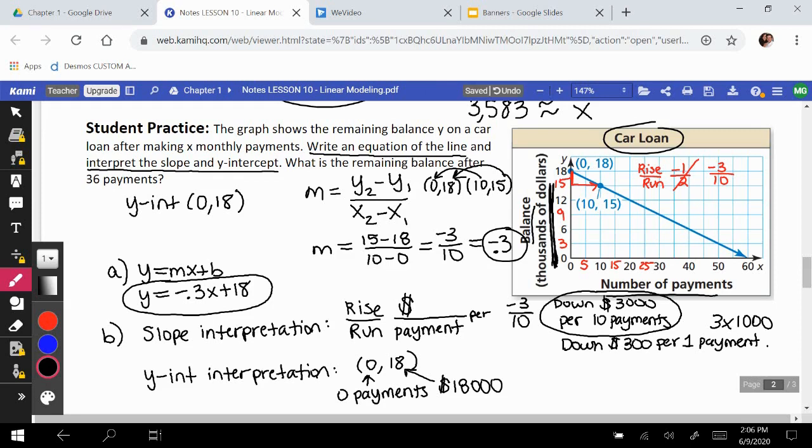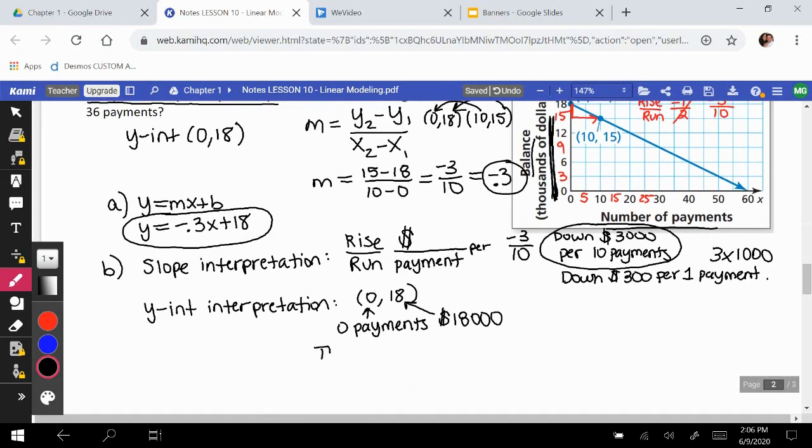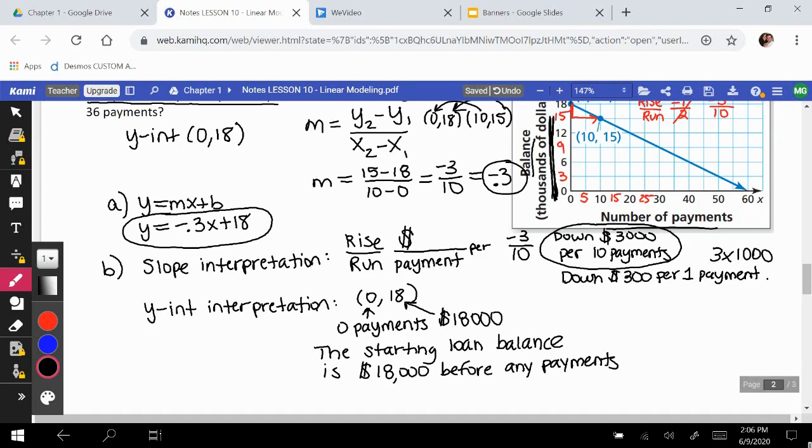But with the y-intercept interpretation, I'm just going to say that the starting loan balance is $18,000 before any payments are made.